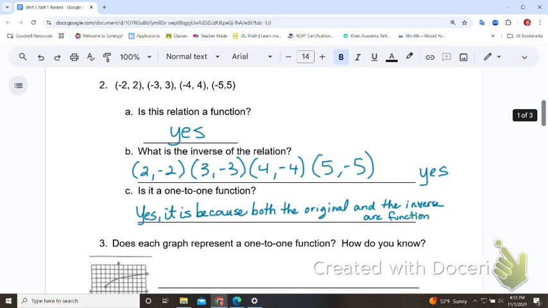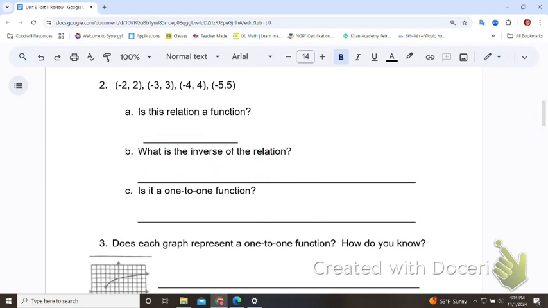So 2 yeses mean yes, it is a one-to-one function. All right, so there is your first couple questions. Hopefully you feel like easy peasy, lemon squeezy.